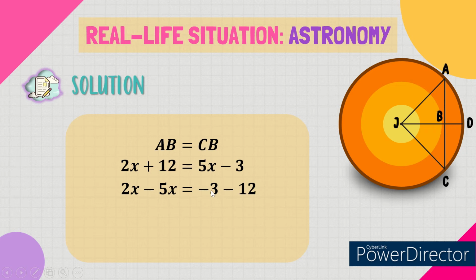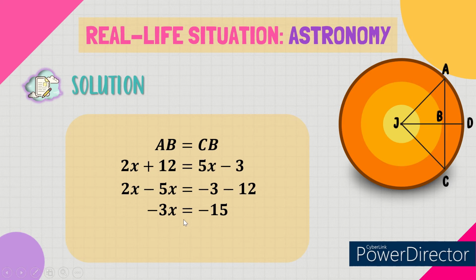So negative 3 minus 12. Now we will just combine them. So 2x minus 5x is equal to negative 3x, and negative 3 minus 12 is equal to negative 15.